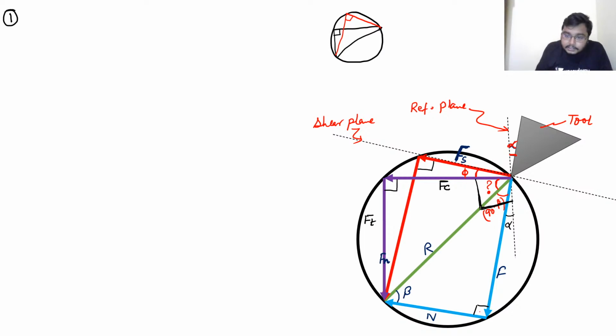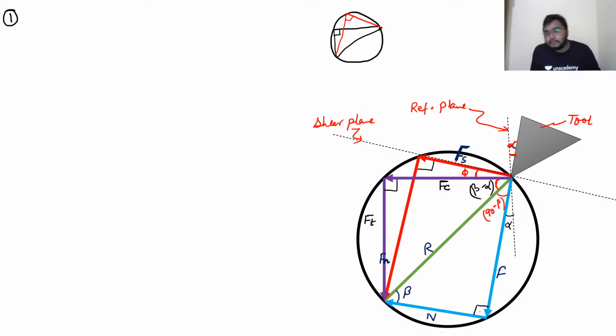So if this angle is 90 degree, then this angle will be beta minus alpha. Clear?